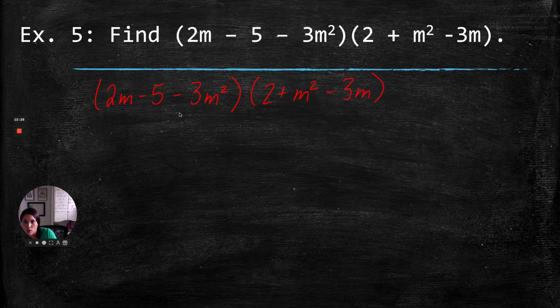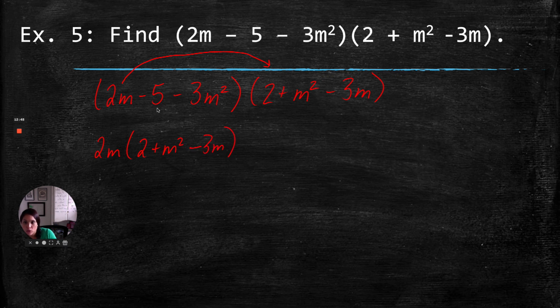Okay, so I'm going to first multiply. Let's do it this way. Let's multiply the 2m first by everything on the inside. So I have 2m times 2 plus m squared minus 3m.